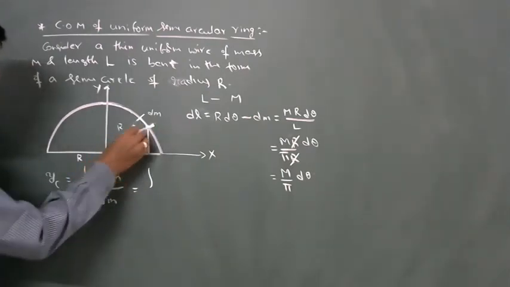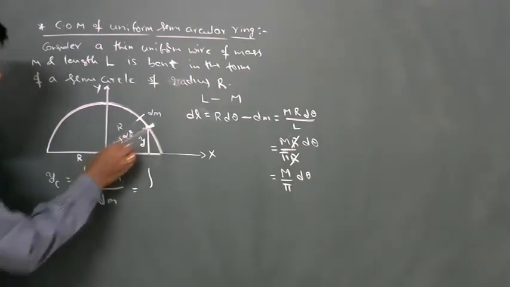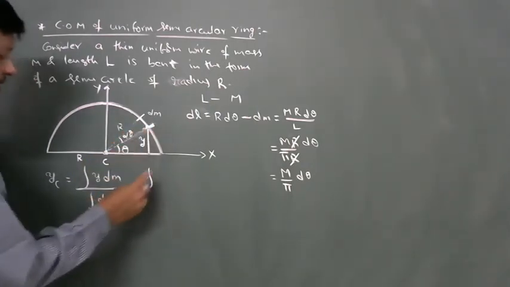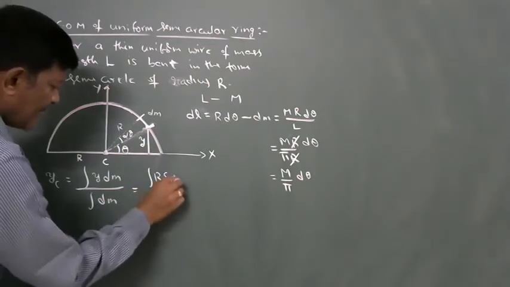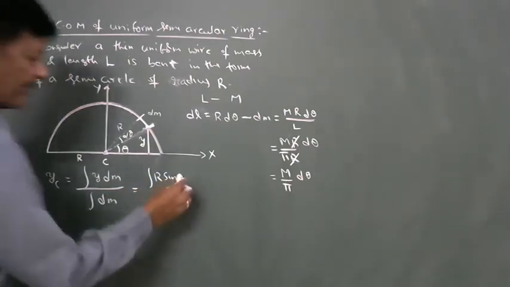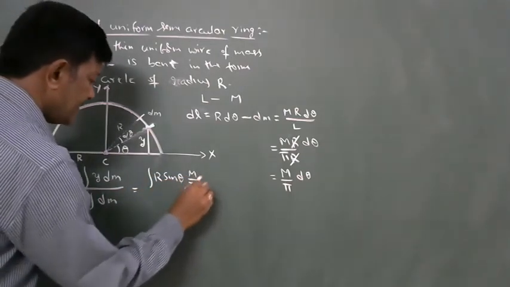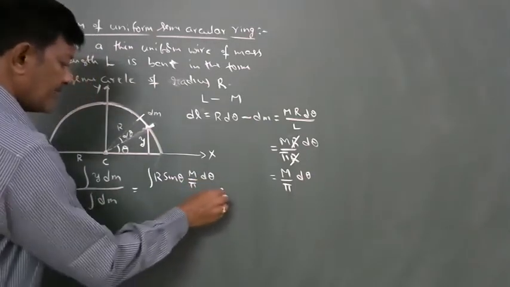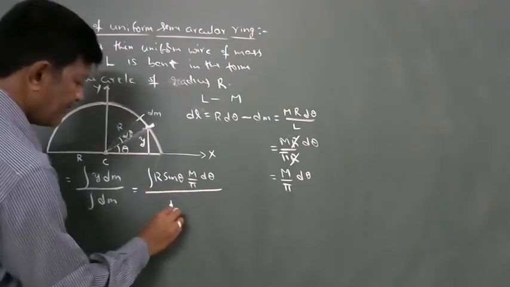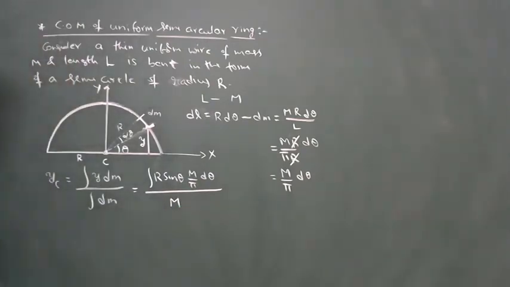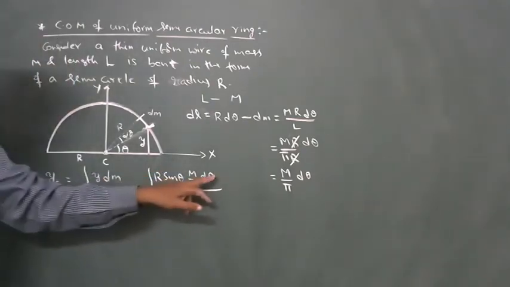So y by r is equal to sin theta. Y is r sin theta into dm, m by pi d theta, divided by integral dm, which is m. And here theta is variable.